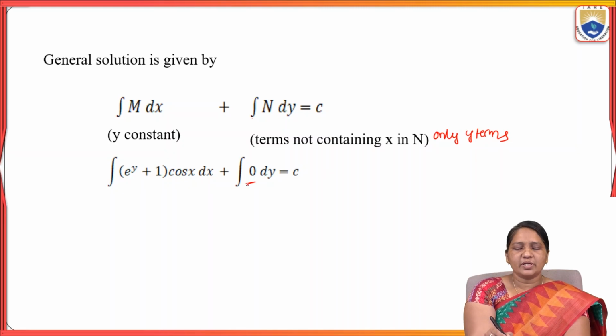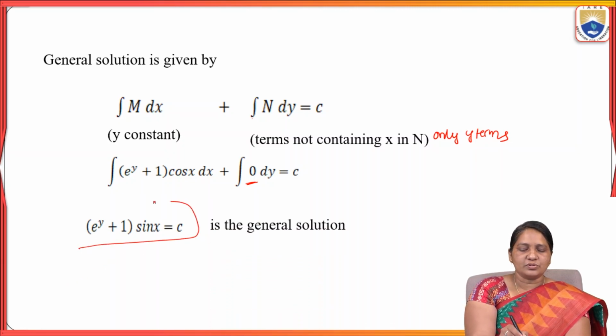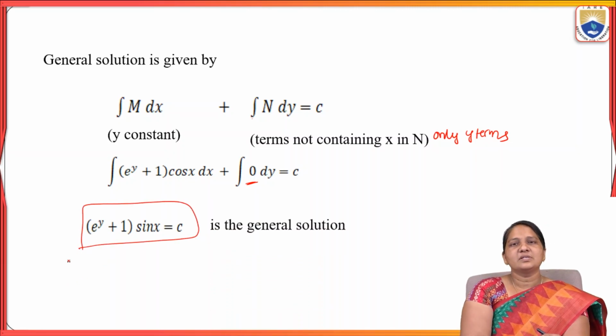So that's why we are taking 0 here. So finally, integrating, e power y plus 1 into integral cos x is sin x. So this is our general solution, e power y plus 1 into sin x equal to c. We are going to see one more example.